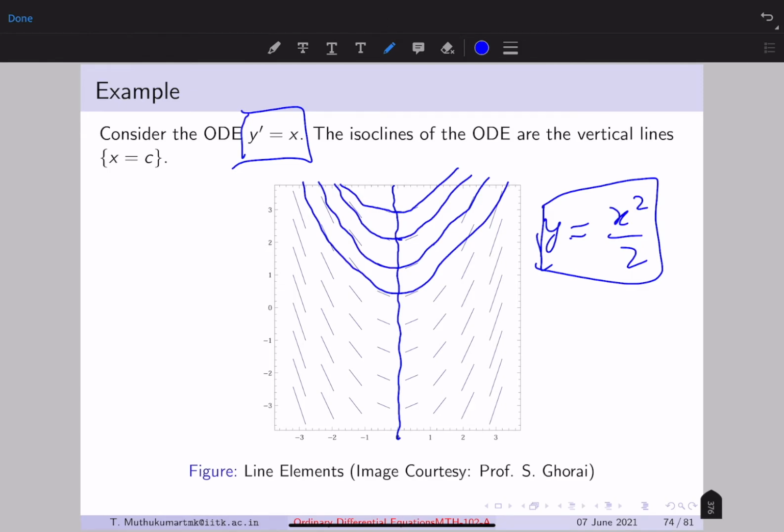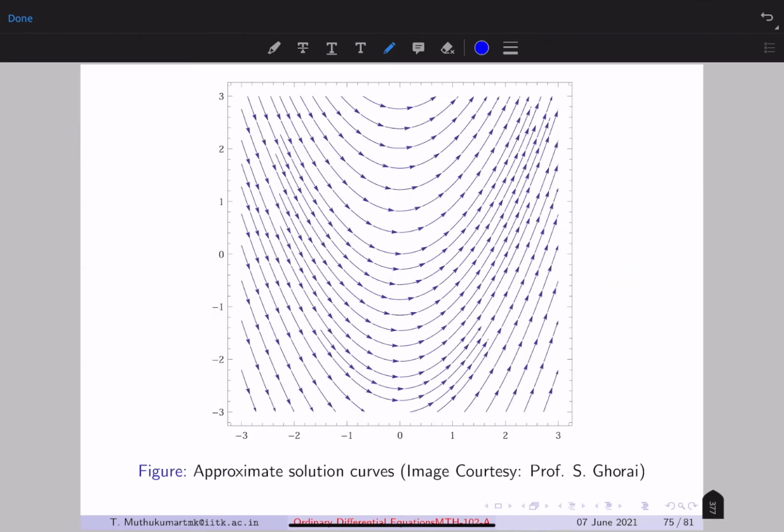So we have the tangent lines, and we are looking for the curves for which these lines are tangent, which is called the integral curve. So you plot the integral curves, then you have the graph of the solution. Whatever I have shown here, if you plot it, this is the solution that you will get. Okay, so this is the method of isoclines.